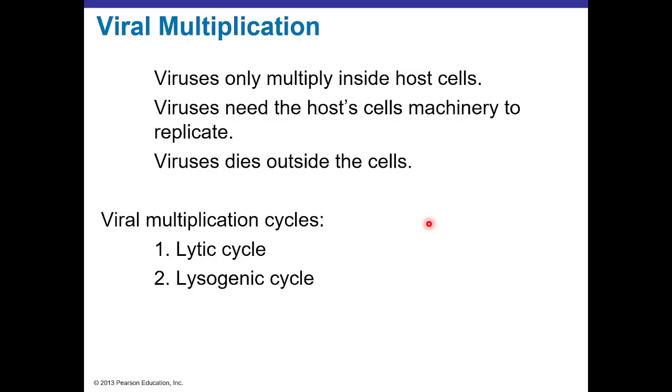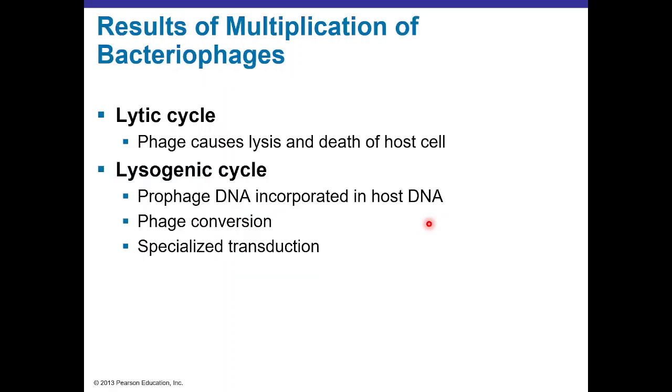Viruses can multiply using two cycles, either the lytic cycle or the lysogenic cycle. In the lytic cycle, the viruses infect the cells and then burst them, causing the death of the host cells. In the lysogenic cycle, the viruses introduce their nucleic acid into the host DNA, forming a hybrid or a provirus.